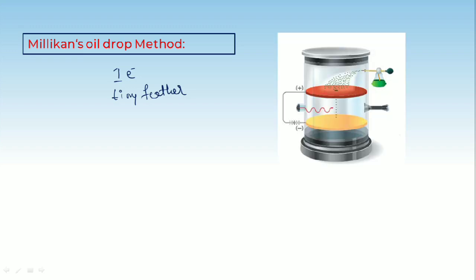If you balance the fan speed so that the feather just stays still, not going up, not going down, then the upward force by the fan equals the downward weight of the feather. From that you can find the weight, right? Millikan did the same trick with electrons. So we'll see how the experiment setup goes.